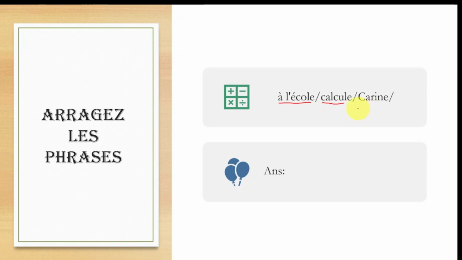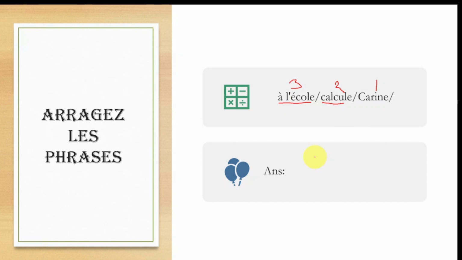So, Karine, calculer à l'école. Okay? I'm not saying calcul mental. No. Calculer. Karine, in this case, this one is a verb. Okay? So, Karine, calculer à l'école.